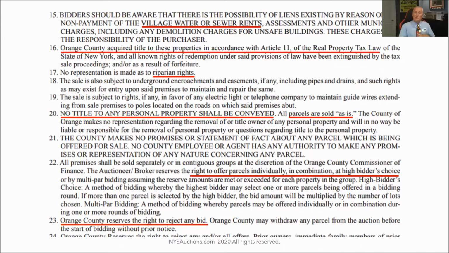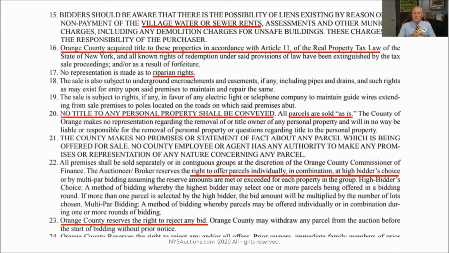That's important. Make sure you understand that. Article 11 is a lien cleansing process so that the counties can take title and sell the property to you free and clear of liens as long as they were notified. And that's important. So you want to see that in the terms.